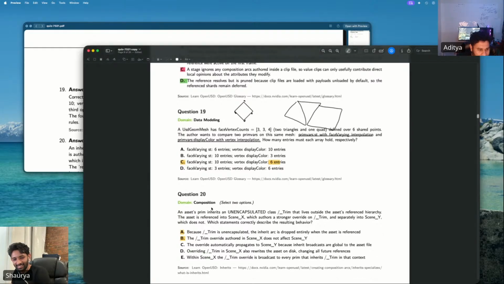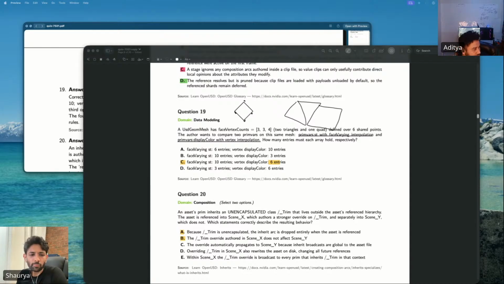Why is it wrong? Because trim is encapsulated, the inherited arc is dropped entirely when the asset is referenced. No. With CNX, the trim is broadcast to every prim that inherits trim in that context path. An asset's prims inherit an encapsulated class slash underscore trim that lives outside the asset's referenced hierarchy.